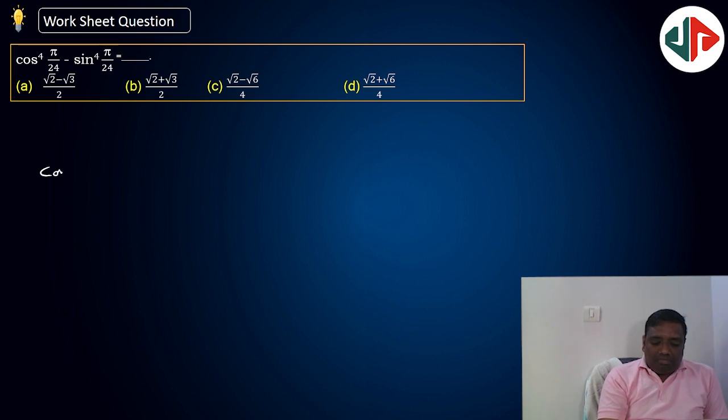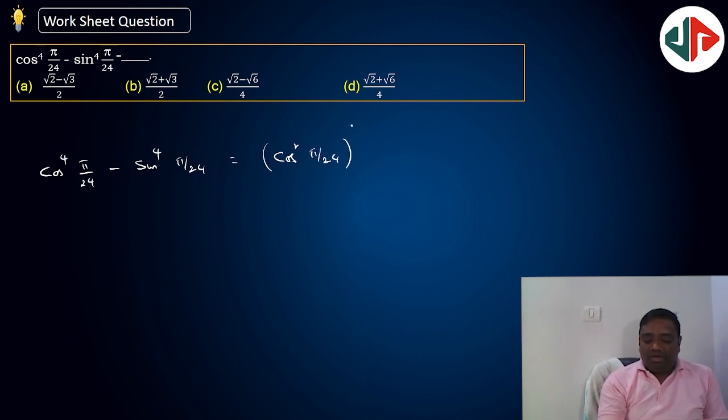Here cos power 4 of π by 24 minus sin power 4 of π by 24. Can we rewrite this value as cos square of π by 24 whole square minus sin square of π by 24 whole square?